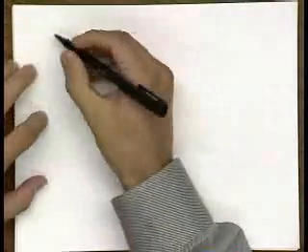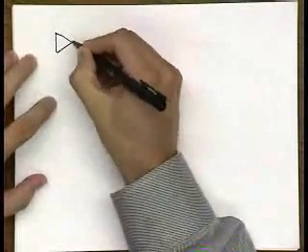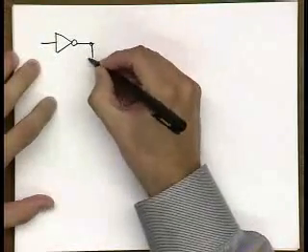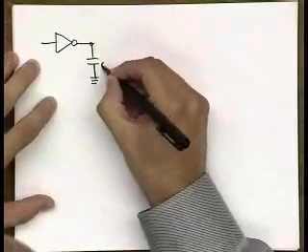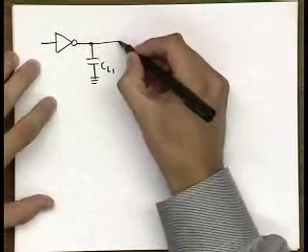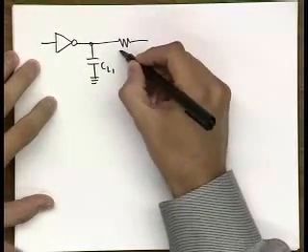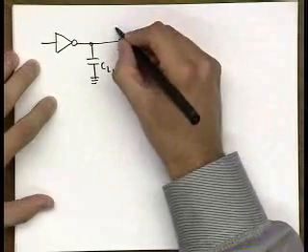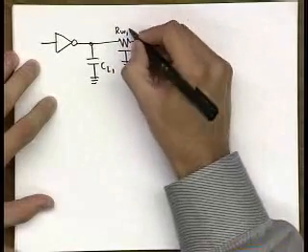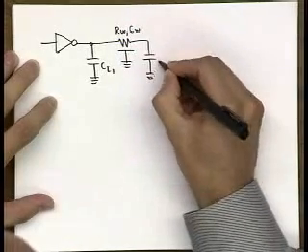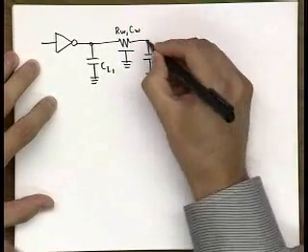Okay, so now let's analyze a case of a driver driving an RC network. So let's assume that we have a driving gate over here, and then we have our distributed RC network with total wire resistance RW and total wire capacitance CW, and then we have a load over here.